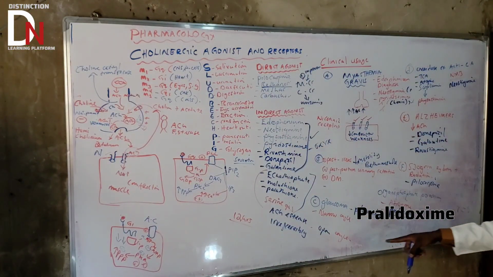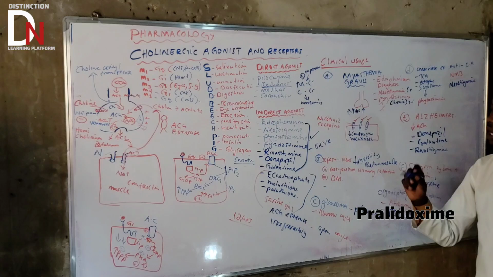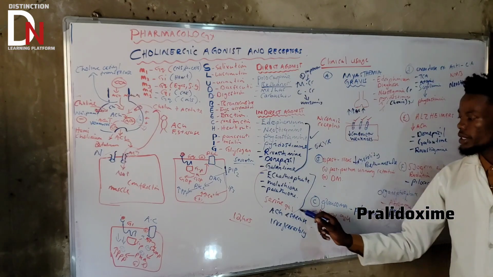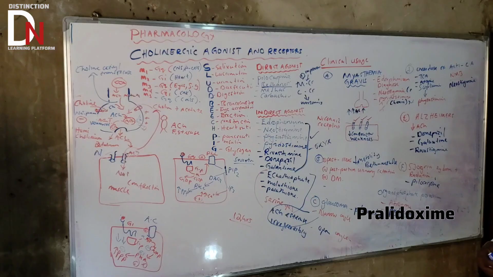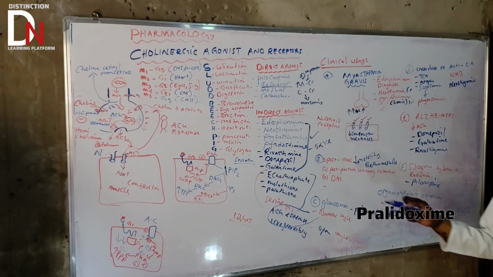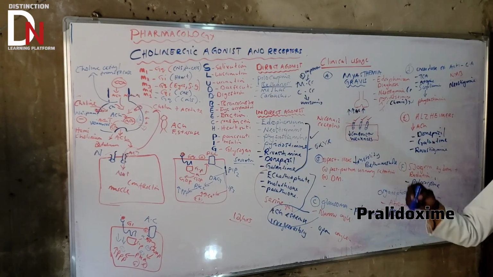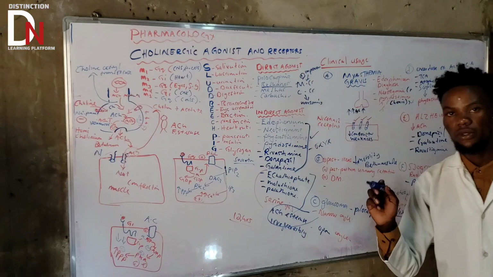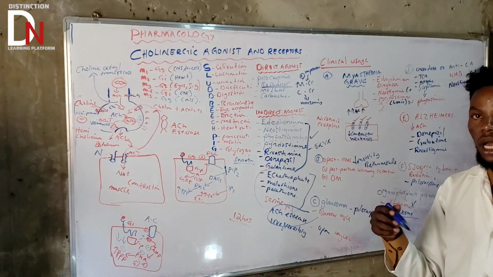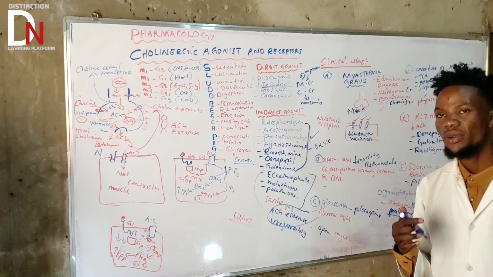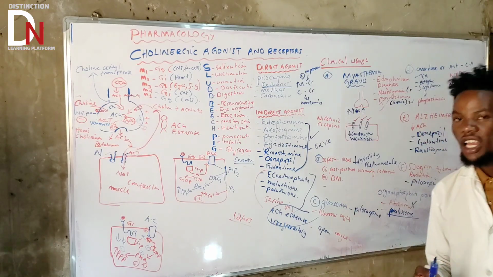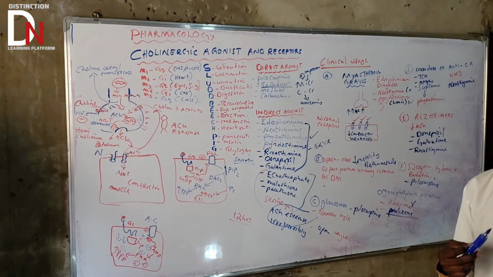You can give it within 12 hours, because it goes to the enzyme and helps stabilize it, making sure it goes back to normal. But atropine doesn't go to acetylcholinesterase. It goes to the receptors and blocks them, preventing the effects of organophosphate poisoning.